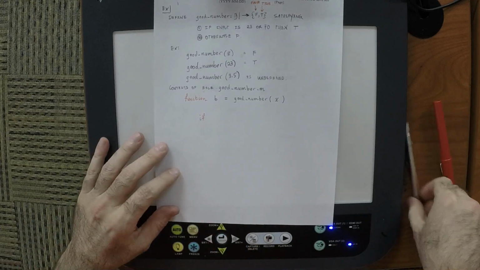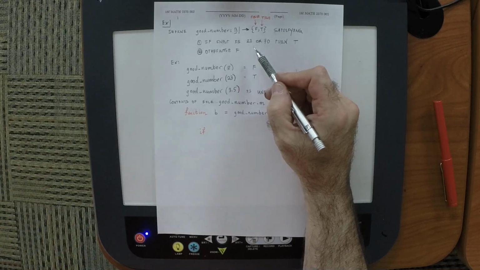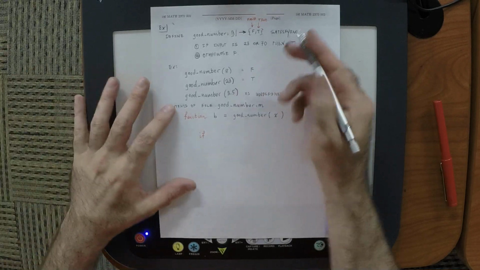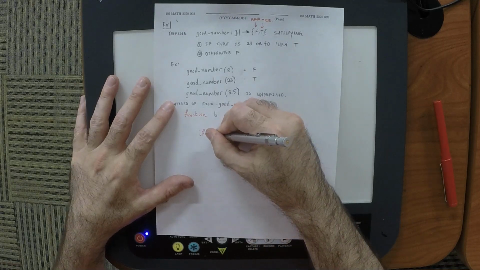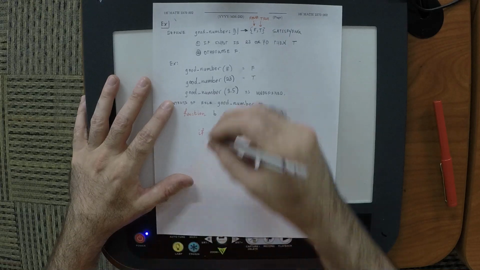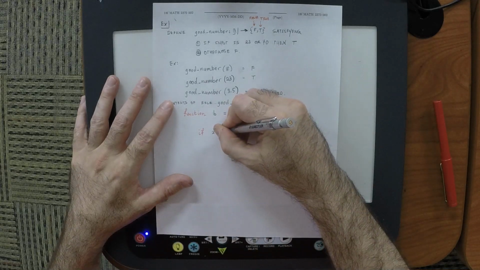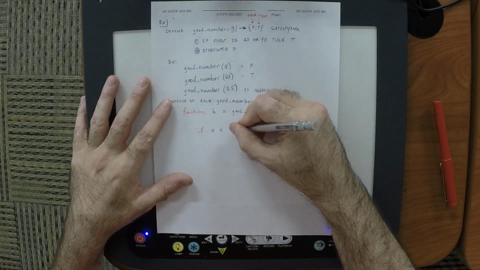So the first condition is that the input is 23. You can write that as, since we named the input x, if x, and what I want to say is equivalent, but I'm going to write if that, and then 23.